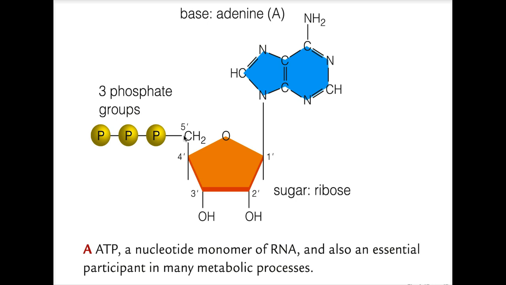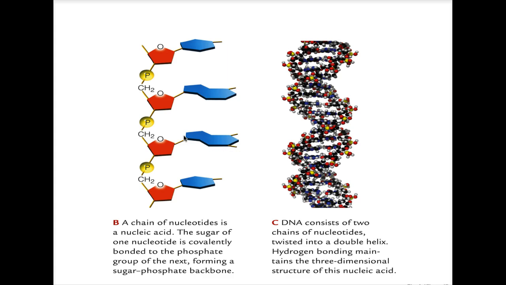You can have nitrogenous bases made up of only 1 nitrogen ring. And then attached to the 5th carbon, we see 3 phosphate groups. Again, here we see that those nucleotides can be linked linearly and covalently bonded, forming a nucleic acid.